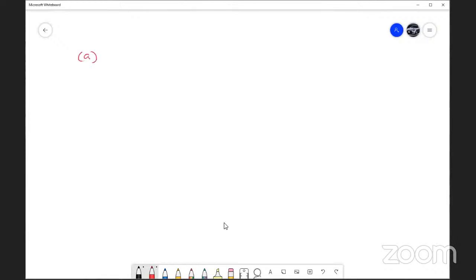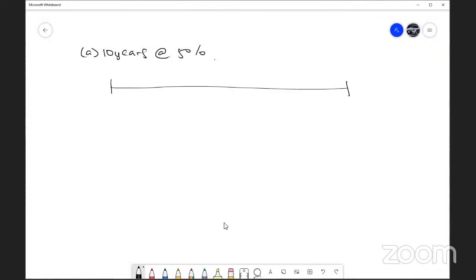So start counting this first. So if you put your timeline, time 0, 10 years, interest is 5%.